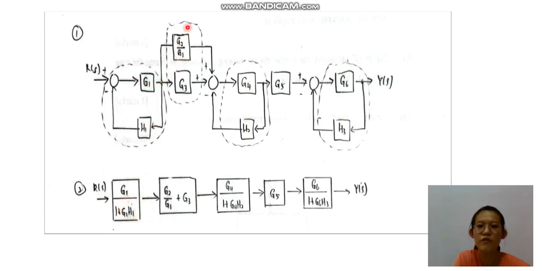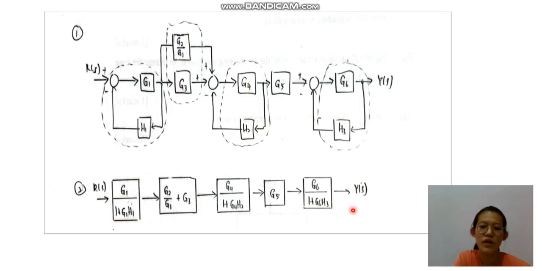Then for G2 over G1 and G3, we will get G2 over G1 plus G3. For the feedback of G4, H2, we will get G4 over 1 plus G4 H2. Then G5 will remain, and for the feedback of G6 and H3 it is G6 over 1 plus G6 H3. Now we will get the cascaded form.